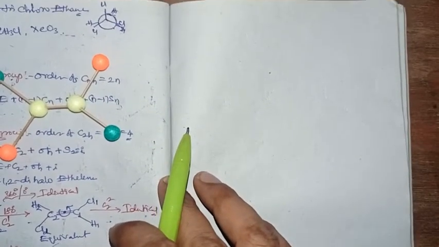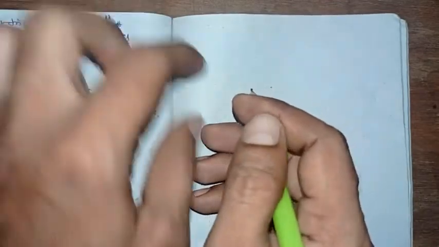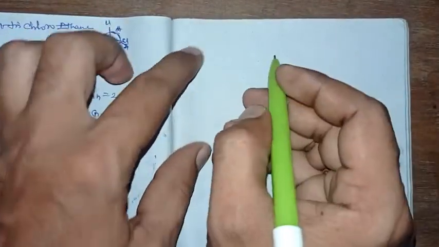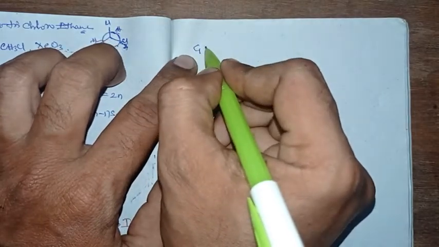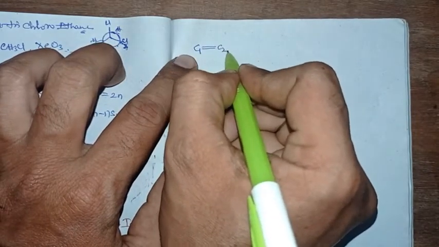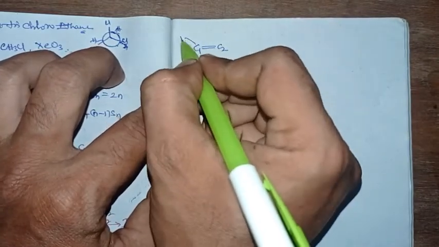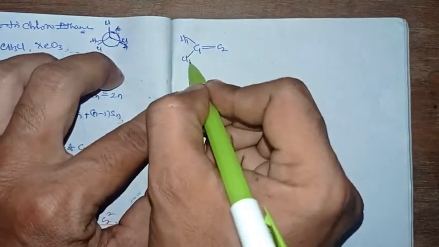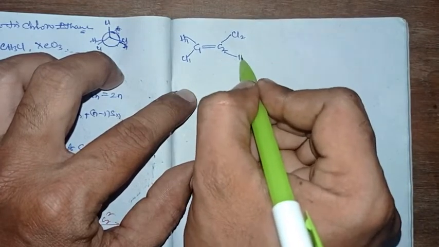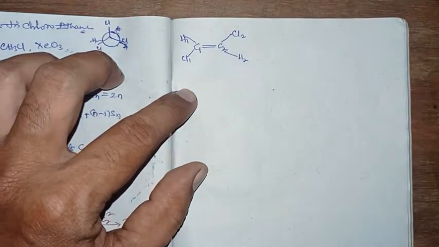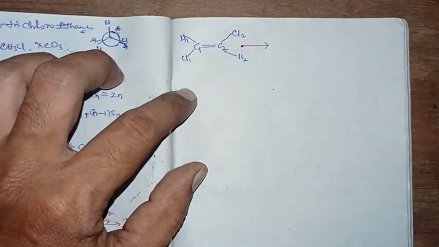Now let us come to S2, the improper axis of symmetry, in the molecule. The atoms are C1, C2, H1, Cl1, Cl2, H2, right?